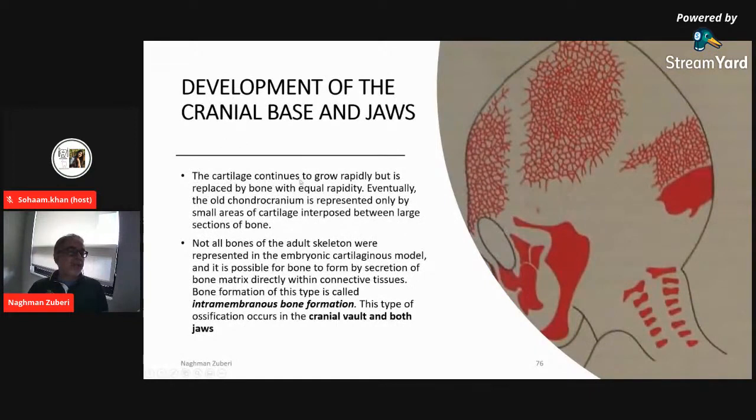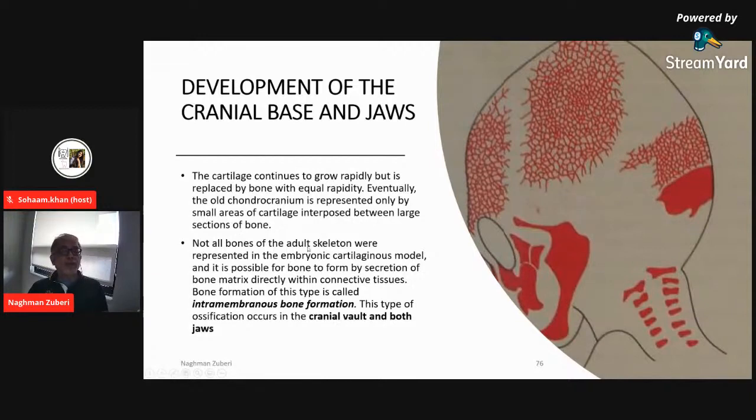The cartilage continues to grow rapidly but is replaced by bone with equal rapidity. Eventually, the old chondrocranium is represented only by small areas of cartilage interposed between the large sections of the bone.